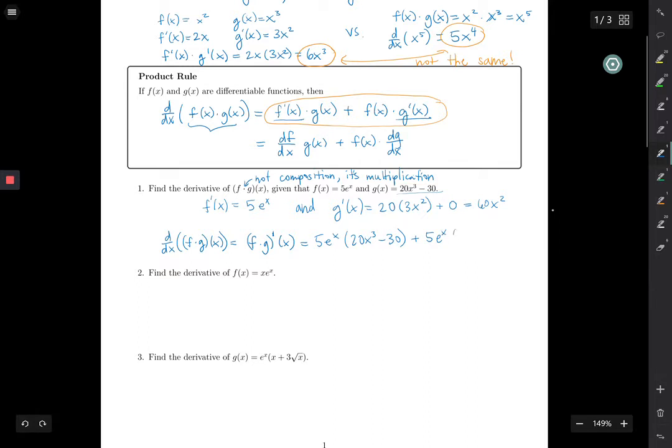So that was 60x squared, right? Okay, so that is our answer, and I'm not going to simplify it.